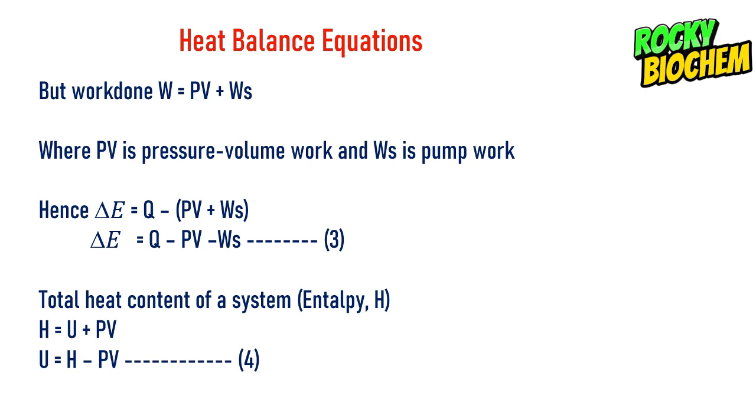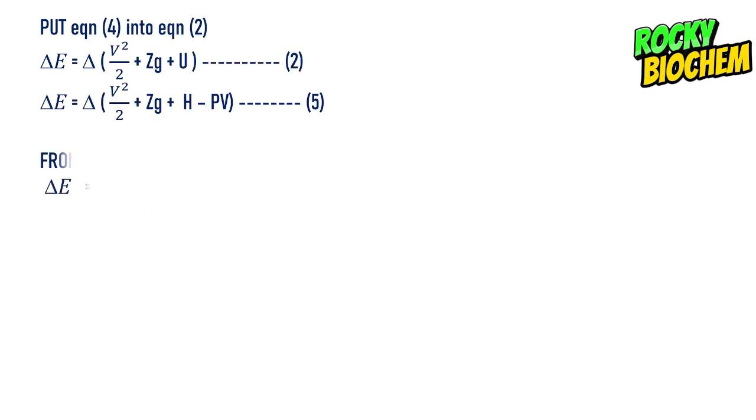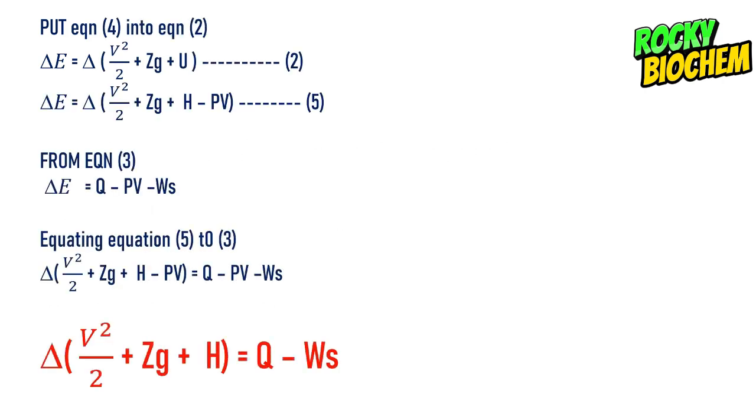So we can now fix this particular equation, that is U equals H minus PV, into the equation number 2. So wherever we see U, we are just going to write the value H minus PV in place of that. So we are now going to have change in E to be equal to change in V squared over 2 plus Zg plus H minus PV.